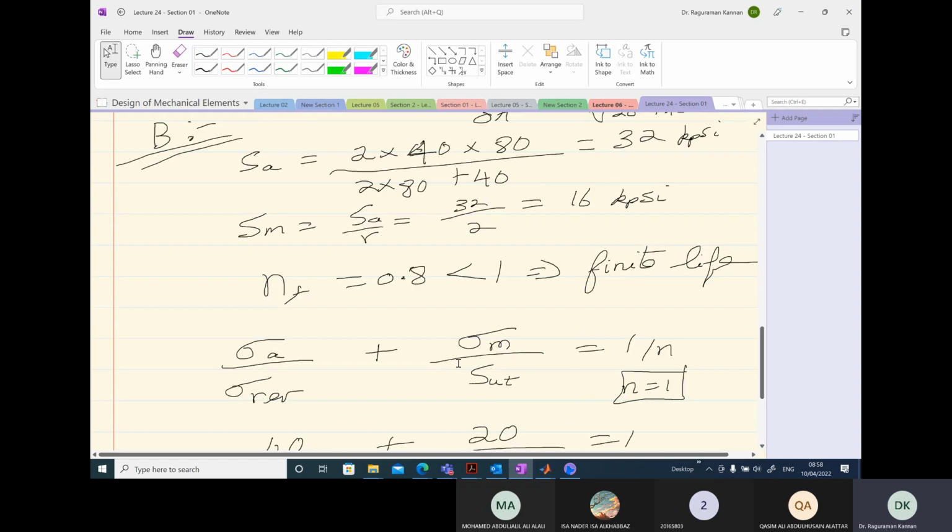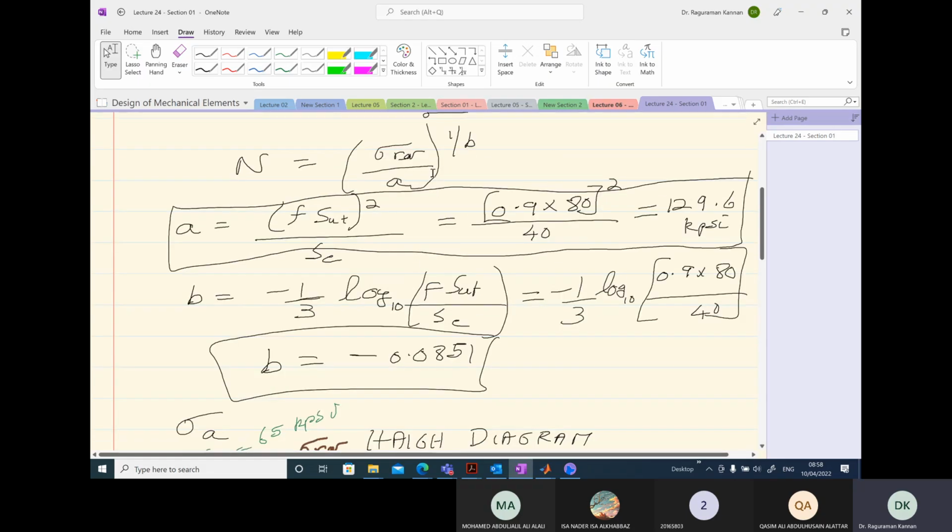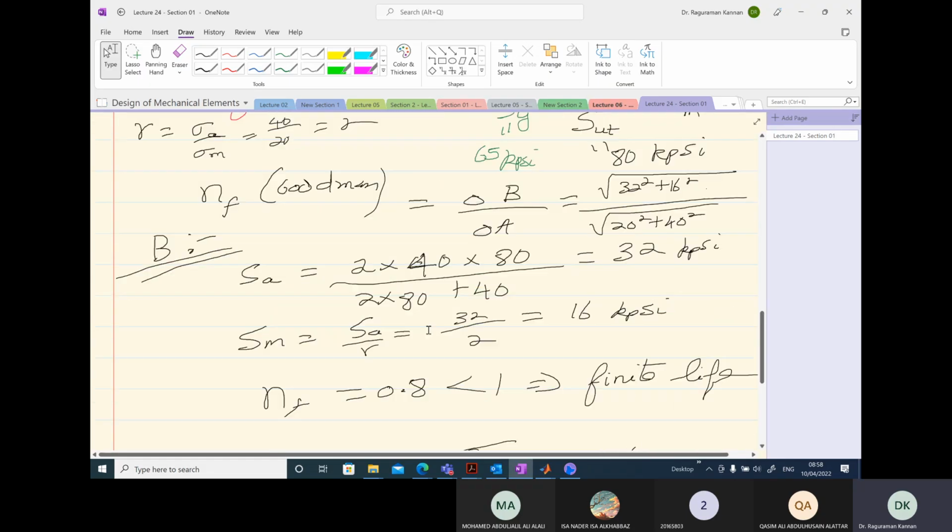So we have got all the unknown values. Now we can evaluate what is the number of cycles to failure.